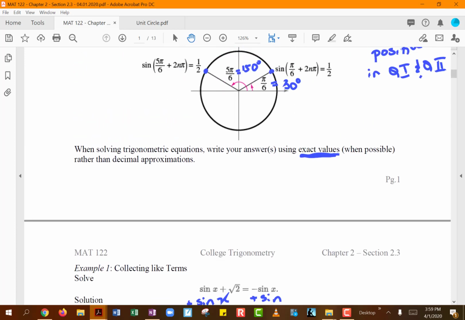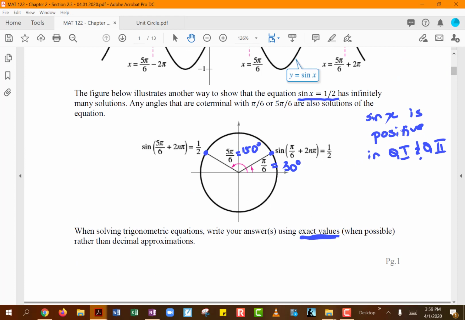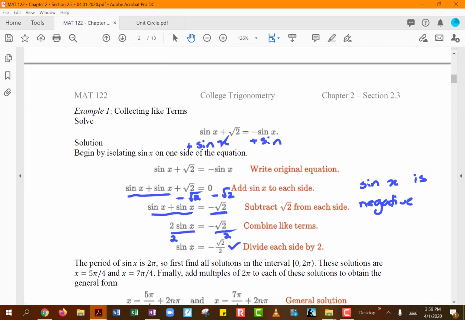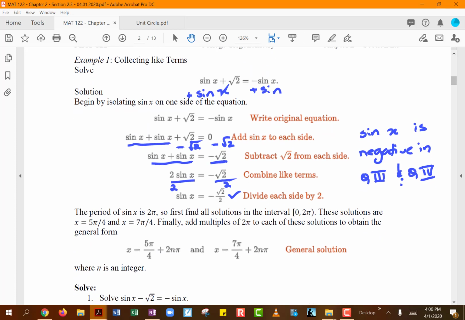So we know sine of x is positive in quadrants 1 and 2, so that itself should tell you it is negative in quadrants 3 and 4. So those are where you're going to find the value of x in here. We're looking at, okay, where is the sine of x function going to have a value of negative square root of 2 over 2?